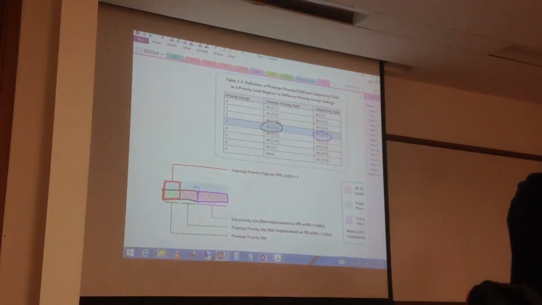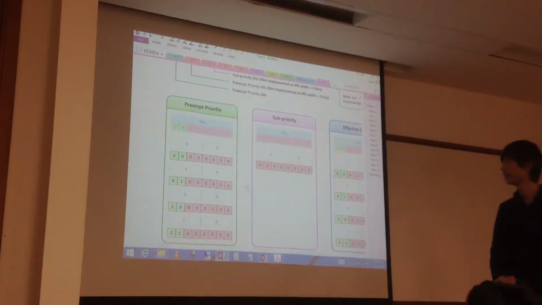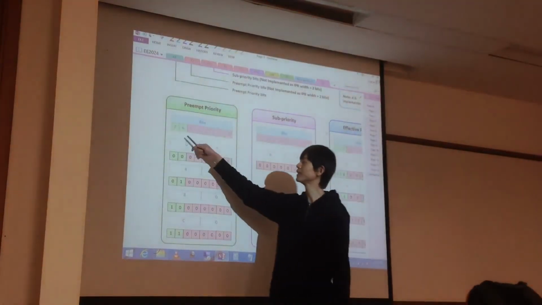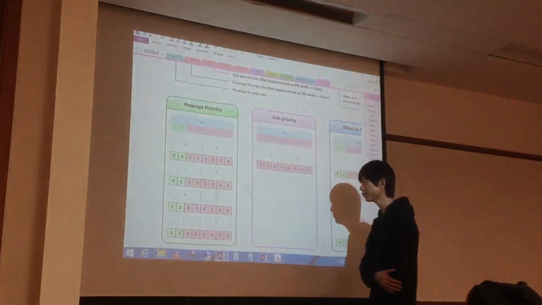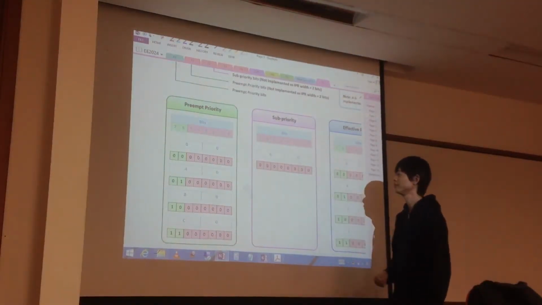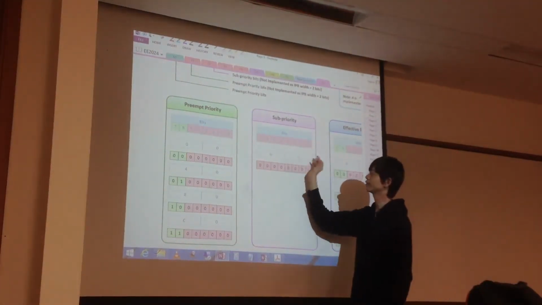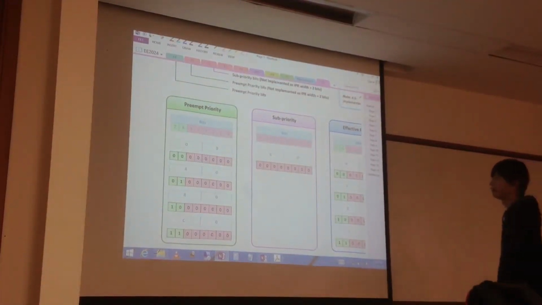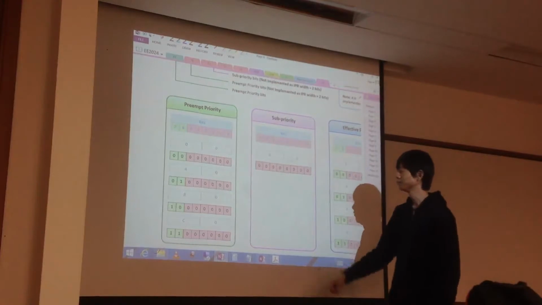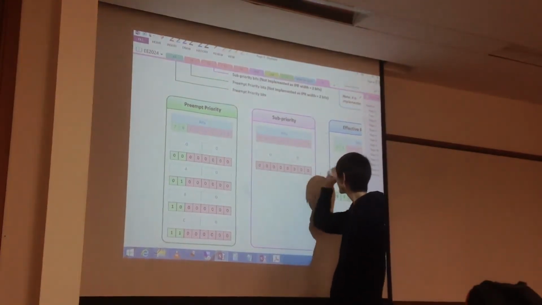So what are the possibilities for preamp? 2 bits means 4 possibilities, so these are the possibilities. For sub-priority, there are no bits that can be changed here, so it's only 1 possibility. Effective priority is simply this one plus this one, you get an effective.